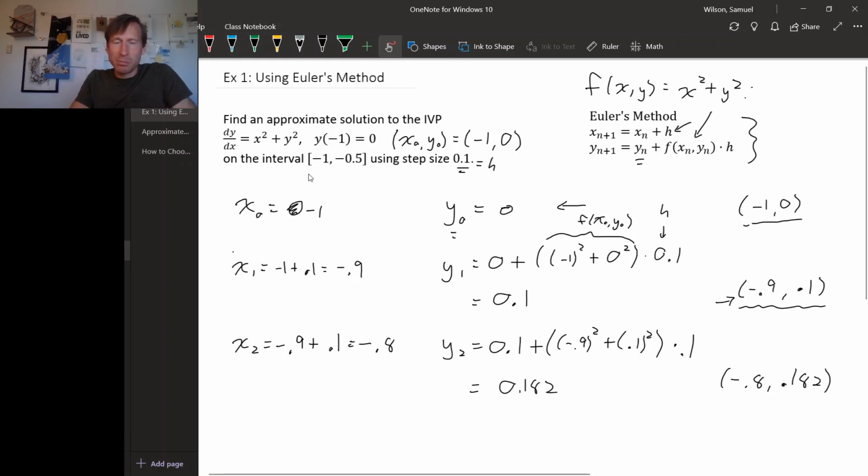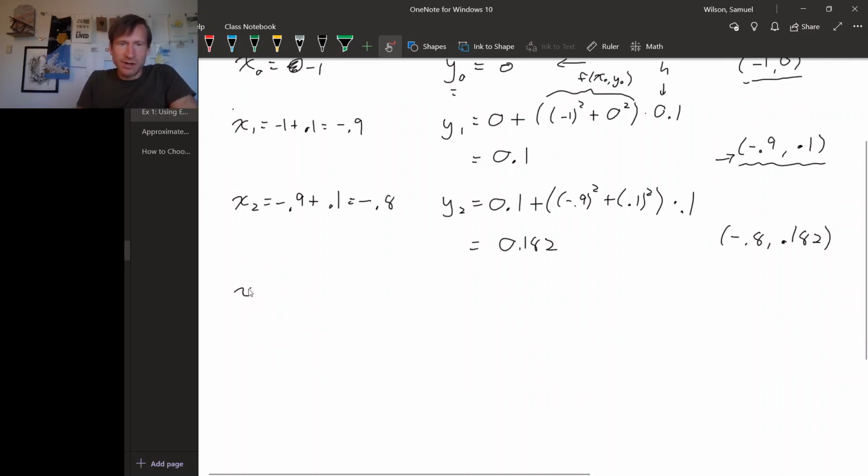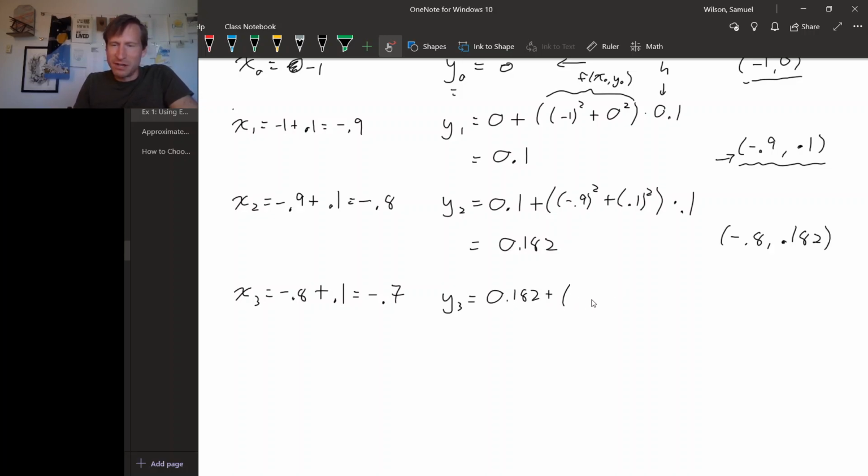All right, so we're trying to get an approximate solution on the interval from minus 1 up to minus 0.5. This is in the x direction. So we need to keep going, right? We have to keep going until we get a point where the x value is negative 1/2. So our next one, x sub 3, is our previous x value, minus 0.8, plus the step size, 0.1. That's minus 0.7. And our next y value, y sub 3, is y sub 2, 0.182, plus, and then we evaluate our function.